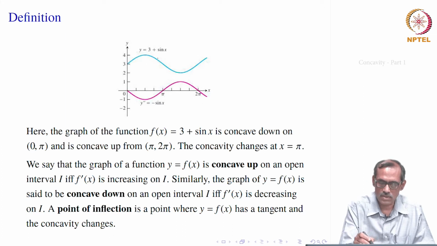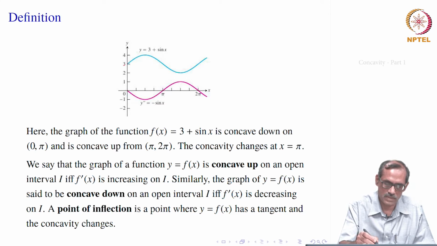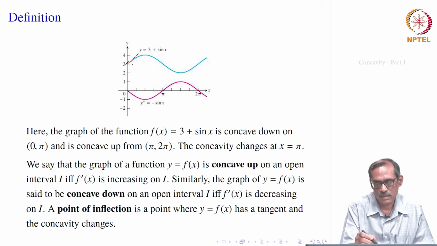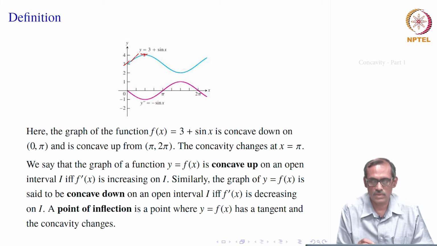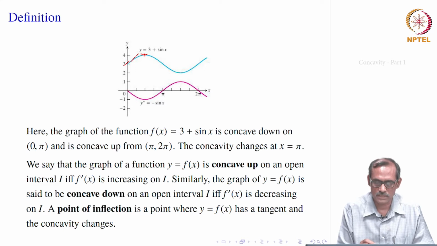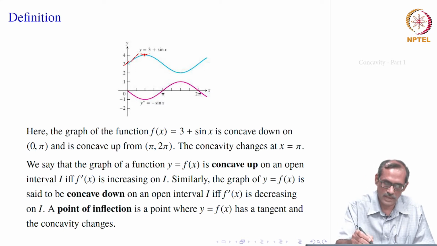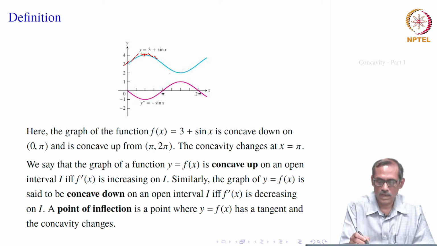So, look at this when it is concave down. If you look at the tangents, it will be something like this. All these tangents are having positive slope, right, and at a point inside, when it is maximum, there the tangent is having slope 0, it is a horizontal tangent. Then when you go to the right side, you will see they come this way. So, they are negative up to pi.